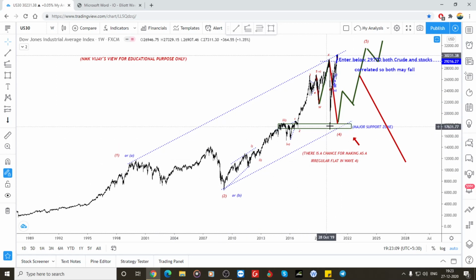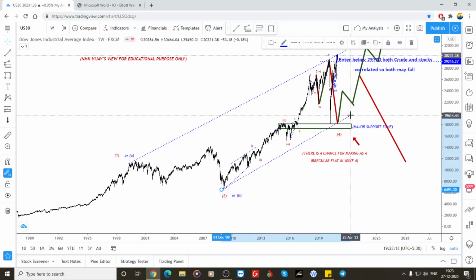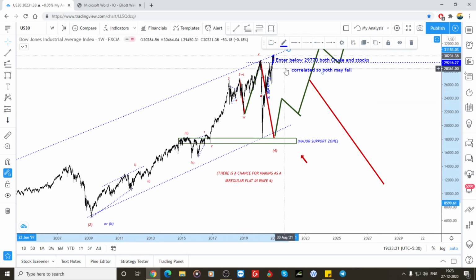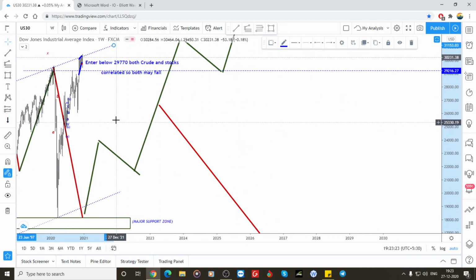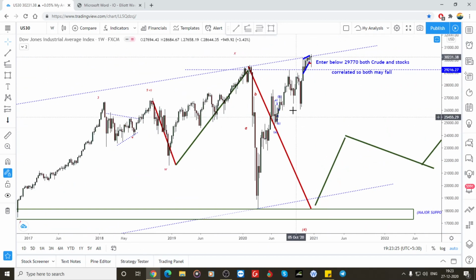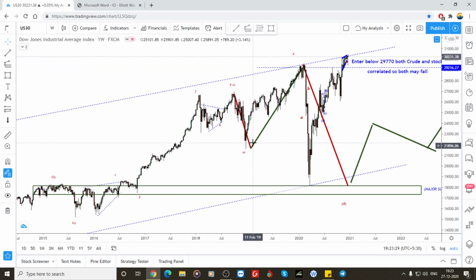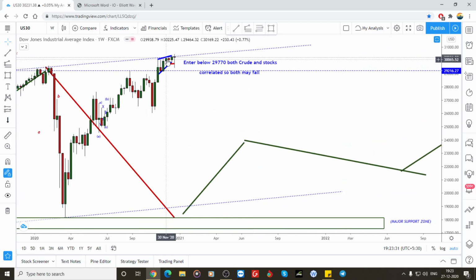So this is the major support zone, so it bounced. So whether it will continue as a wedge kind of formation, or we just need to rearrange this as a channel. And here also see, this is the previous trend line we drew from here, so it exactly got rejected here.